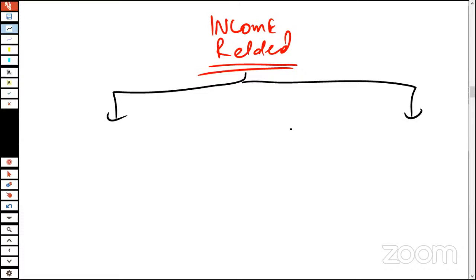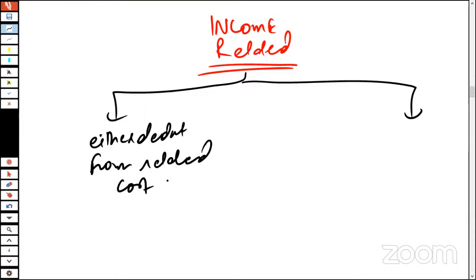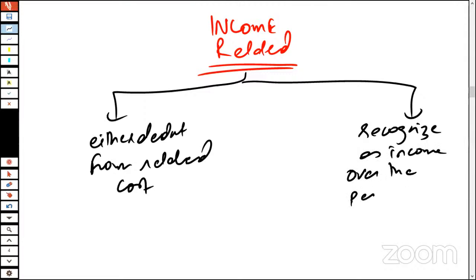One of them is you either deduct from related cost, or recognize as income over the period when conditions are met.